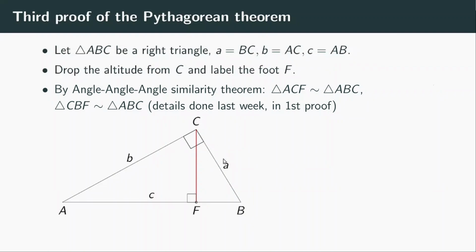And I want to point out that triangle CBF has little a as the length of its hypotenuse, and triangle ACF has little b as the length of its hypotenuse. So we have three right triangles, and they have hypotenuse lengths given by c, by a, and by b.